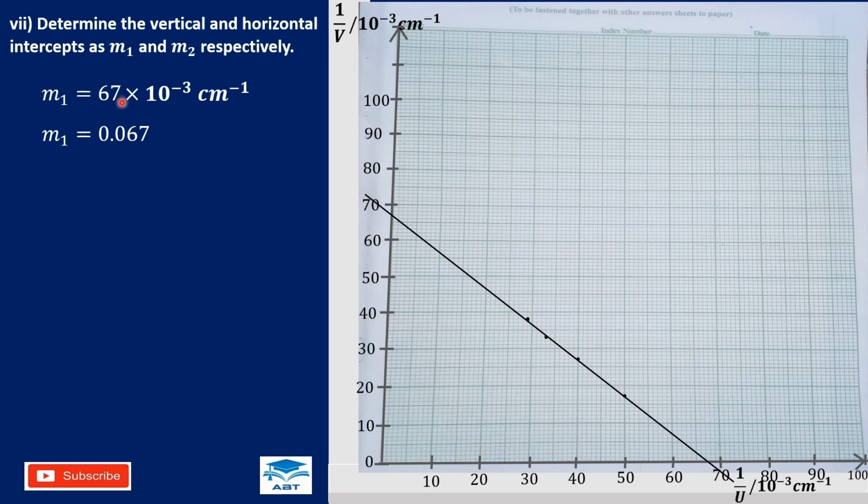And 67 times 10 exponent negative 3 is 0.067. For the horizontal intercept, we have 60 plus another 7 boxes. So M2 is also 67 times 10 exponent negative 3 per centimeters. And 67 times 10 exponent negative 3 is 0.067.